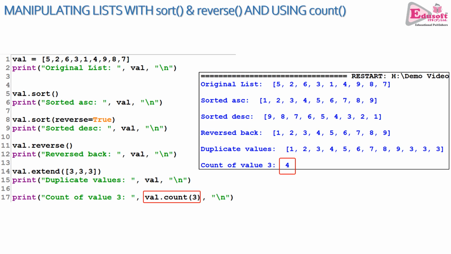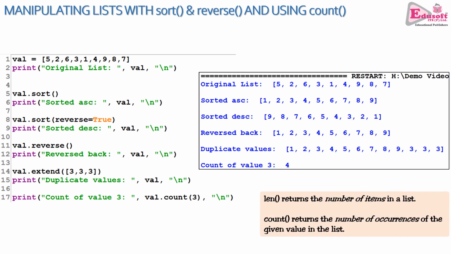That is why in line 14, just for the purpose of this demo, I have added the value 3, 3 times with the help of the extend function. So always remember, the len function we saw earlier returns the number of items in the list. But the count function counts the number of occurrences of the given value in the list. That's the basic difference between the two.